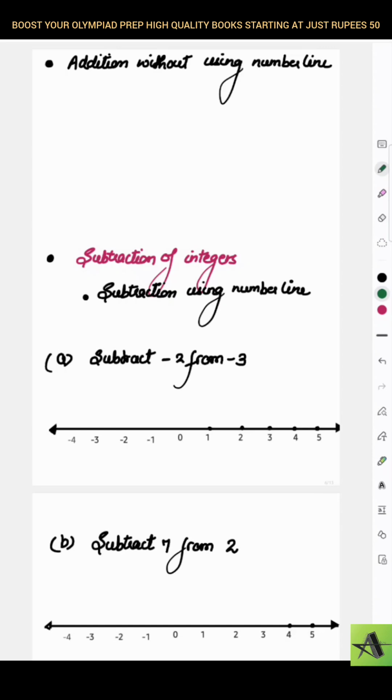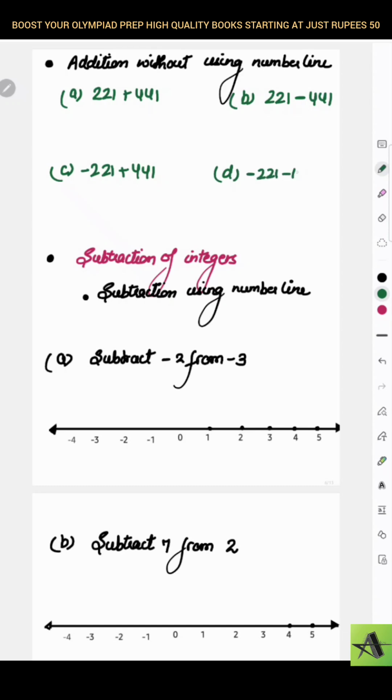So let's say the numbers are, I'm taking 4 examples. A is 221 plus 441, B is 221 minus 441, C is minus 221 plus 441, and D is minus 221 minus 441.